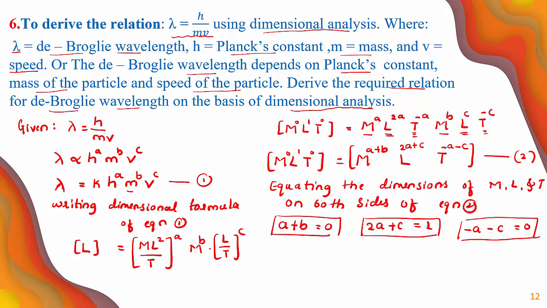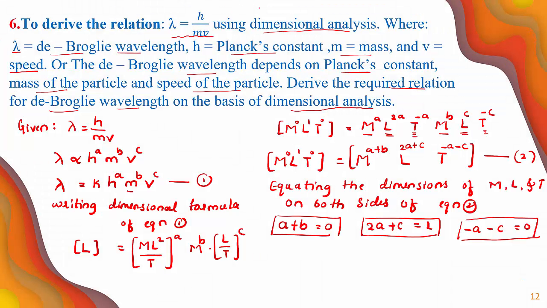Now from these three equations, let us find the values of a, b, c. First, we got a plus b equal to 0. Second, 2a plus c equal to 1. Third, minus a minus c equal to 0.